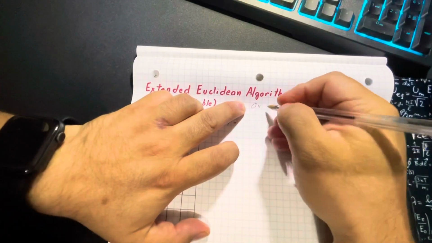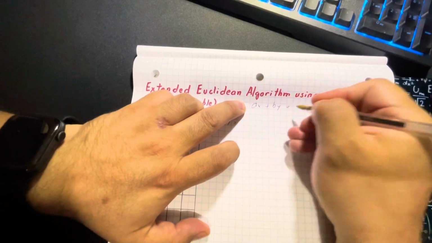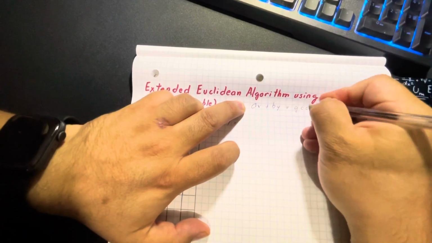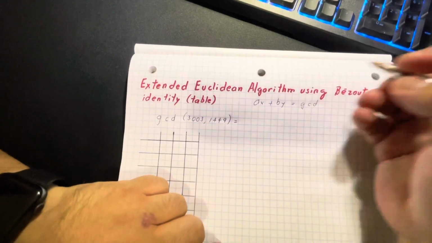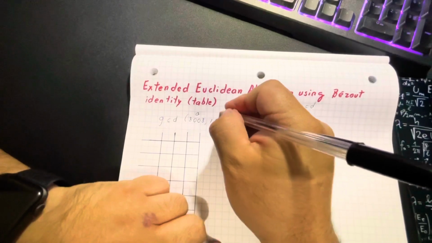ax plus by is equal to the GCD, where a is this number and b is this number.